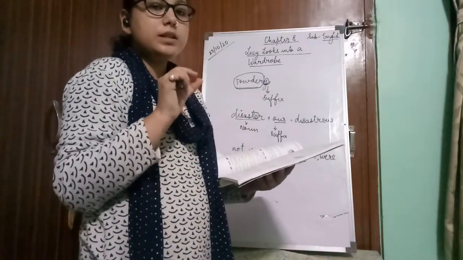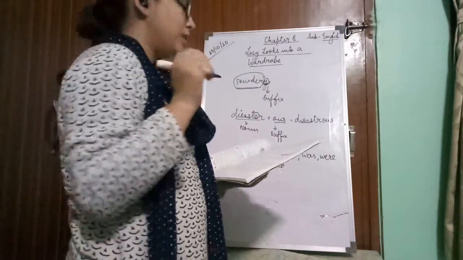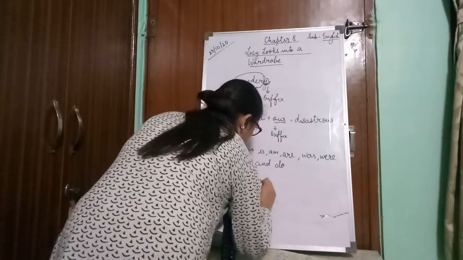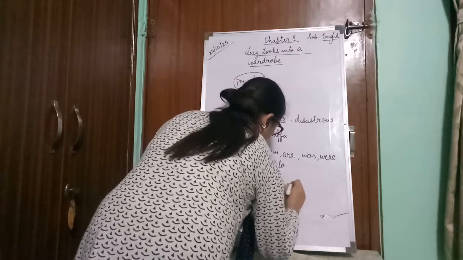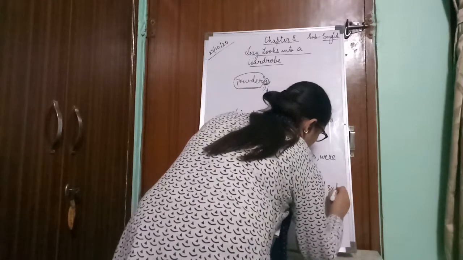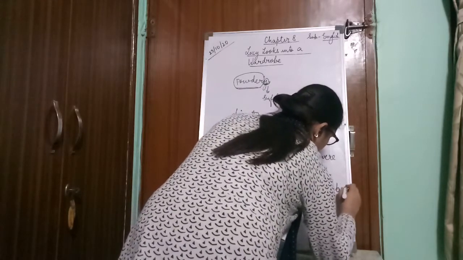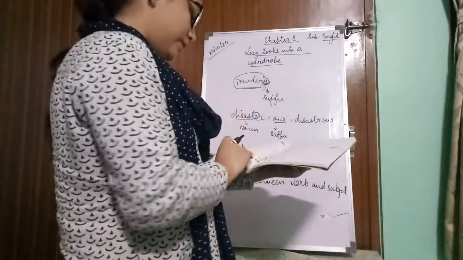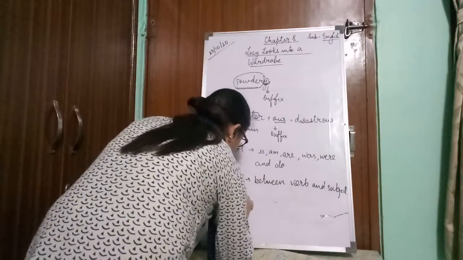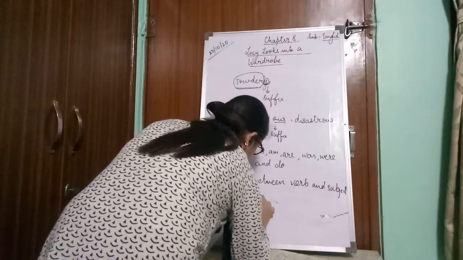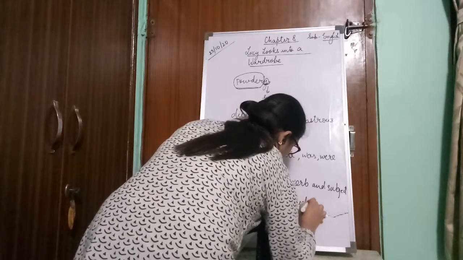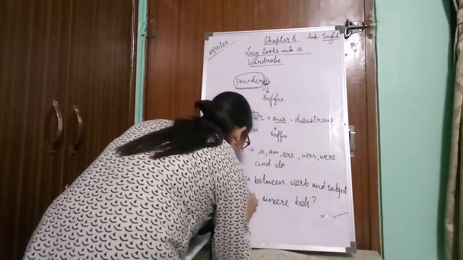When a sentence is interrogative, means a question sentence, we add not between the verb and subject. So not is added between the verb and subject, like, are they sincere kids? So here it will be aren't.